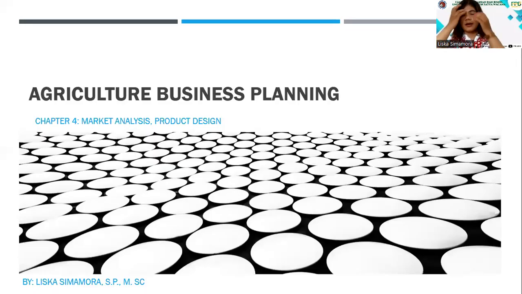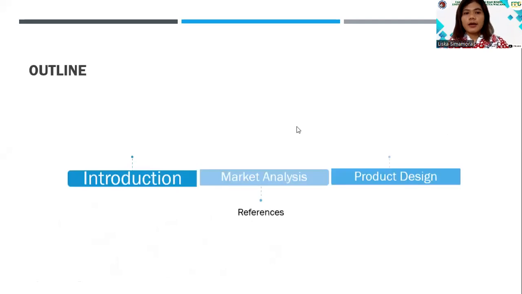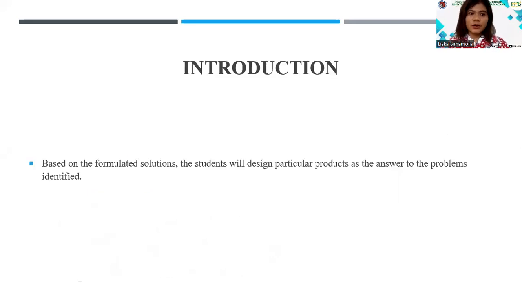So let me share the screen, my PPT. Okay, market analysis and product design. Let's start. What do we have at this moment? We have to learn about market analysis and product design, as the title says.